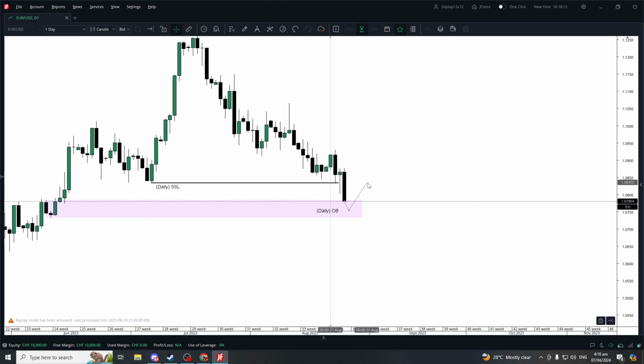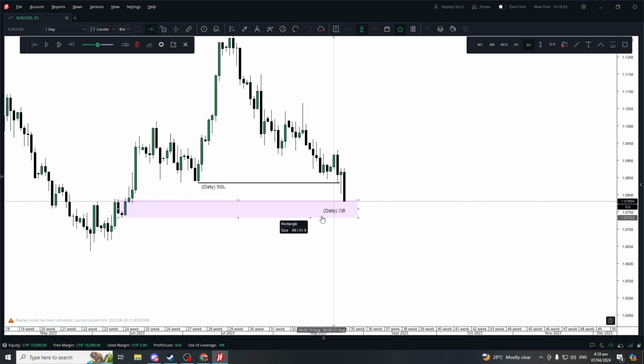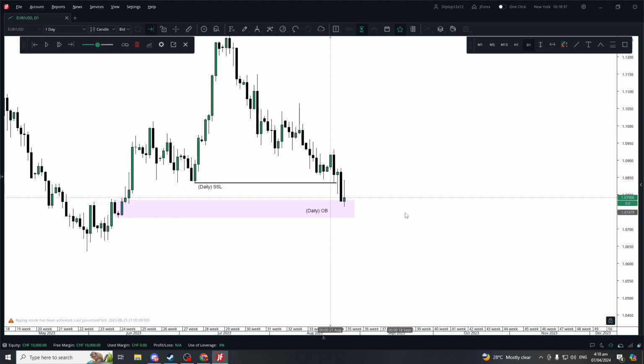Similar like this move, I'm expecting to have a sort of retracement, and if there's no imbalance or fair value gap, we may even go higher before the continuation to the downside. So that's what I want to see. So this is your daily order block.